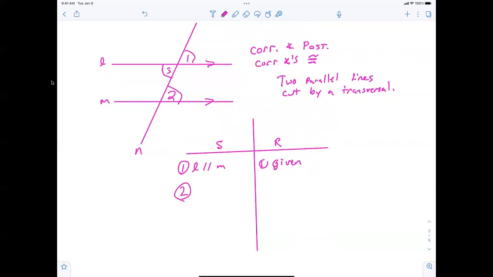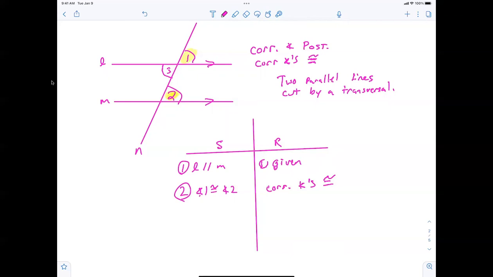Based off of that information, what's true about angle 1 and angle 2? They are congruent. That's exactly right. So you can say angle 1 is congruent to angle 2, and that is corresponding angles are congruent.